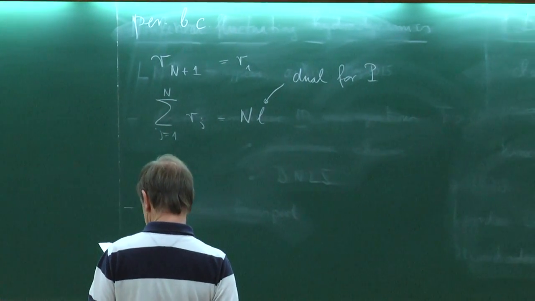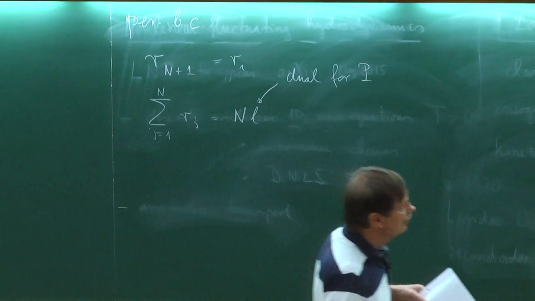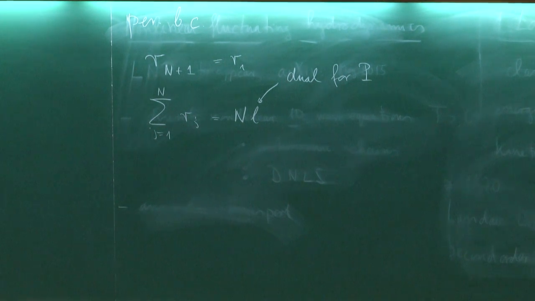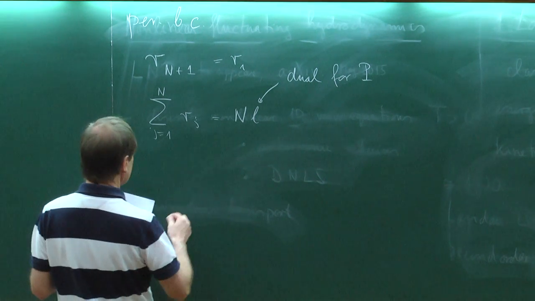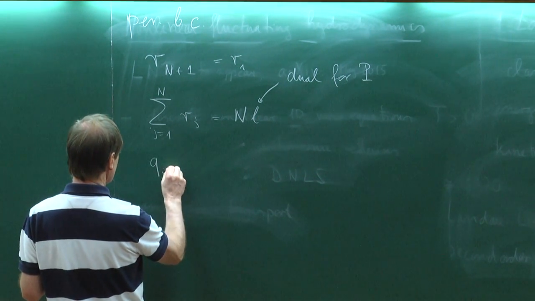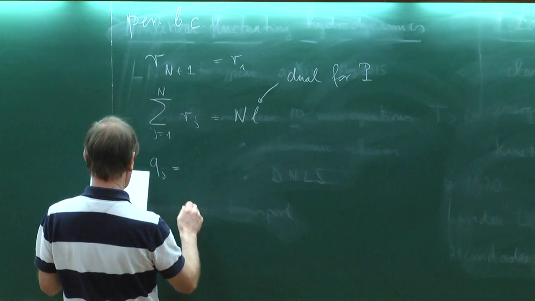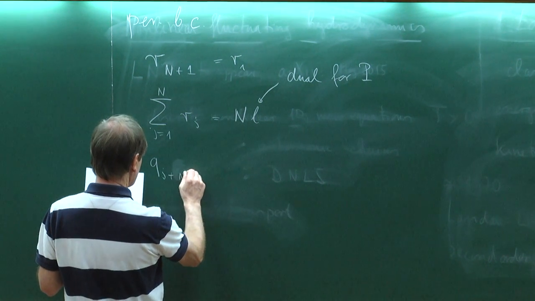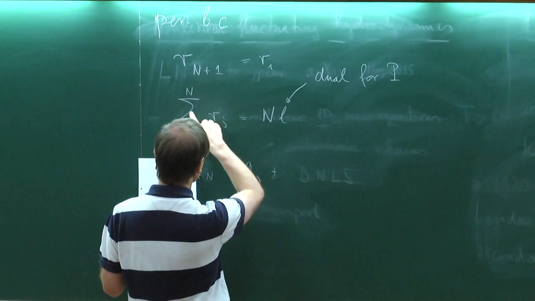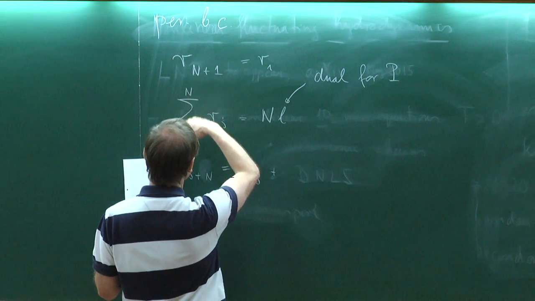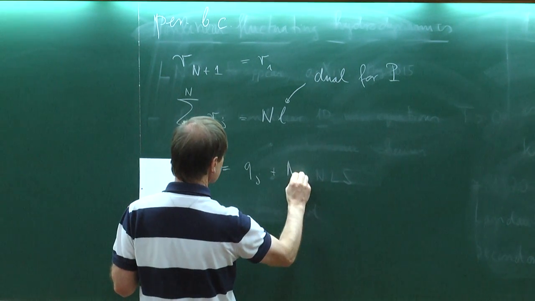If you simply insert, you see a telescoping sum. And then the condition you get for the positions is that Q_{j+n} is equal to Q_j plus, since the telescoping sum is fixed by this value, NL.